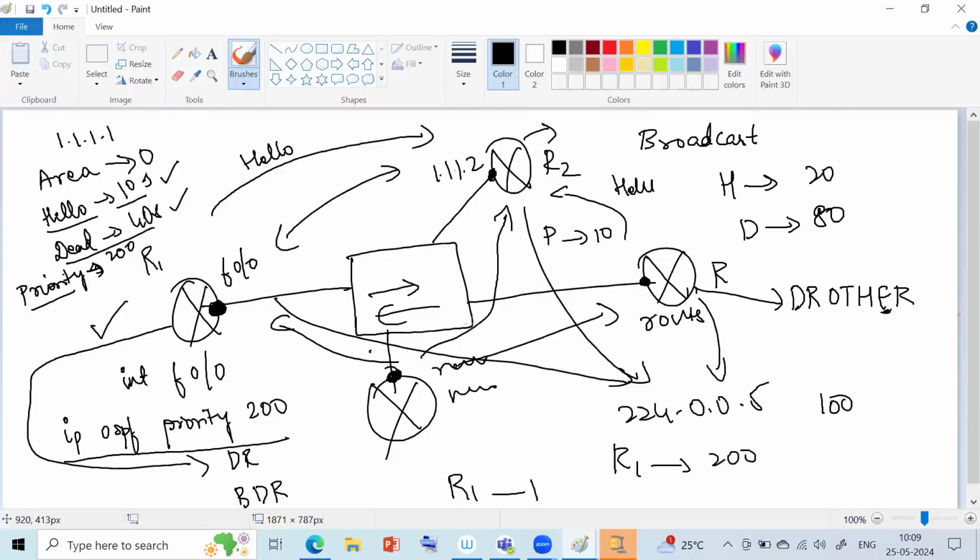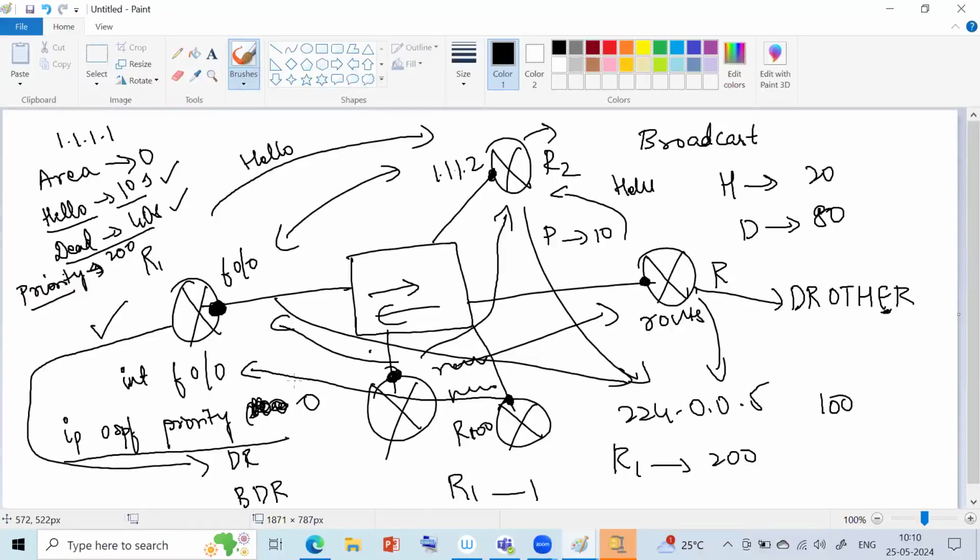Now, you will introduce another router, R100, and you don't want this to be DR or BDR or anything. What to do? I don't want it to participate in the election at all. Do one thing, go to this interface, F0/0, and give ip ospf priority as 0.